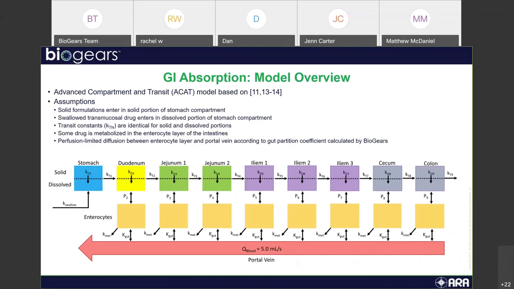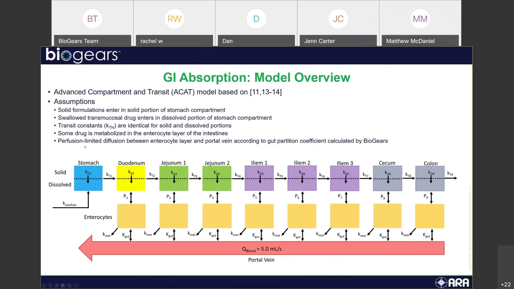So solid enters the stomach. So when you administer an oral drug, it starts off in this solid stomach area. Whereas if you have a dissolved drug that's, for instance, like fentanyl, it's dissolving in the mouth and then being swallowed, that's going to enter in the dissolved portion of the stomach compartment.